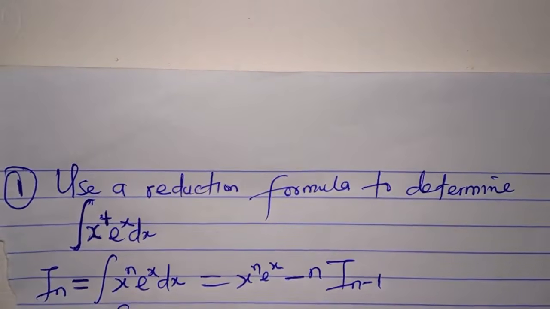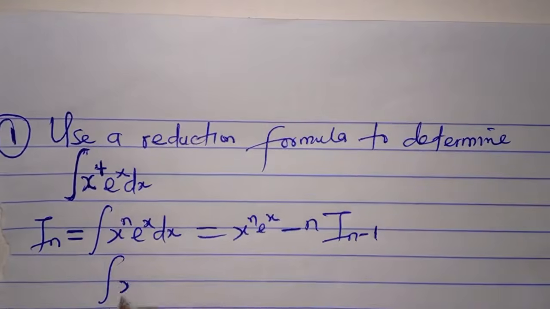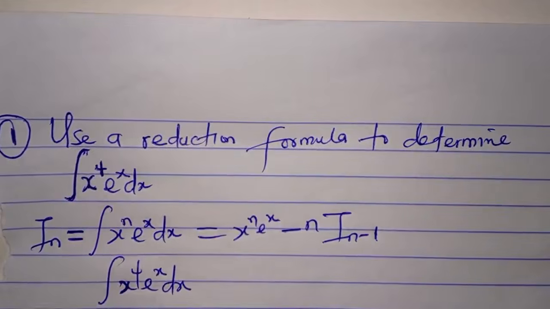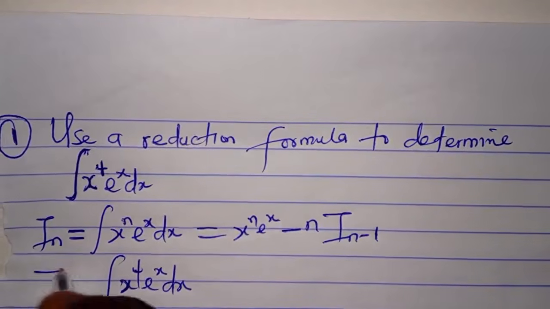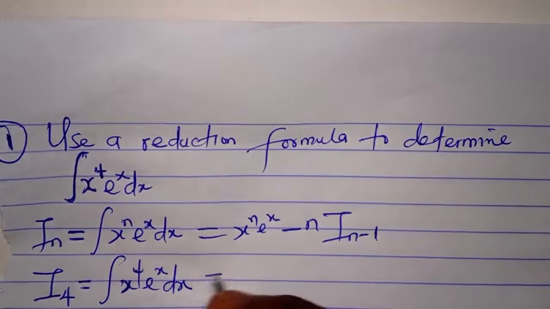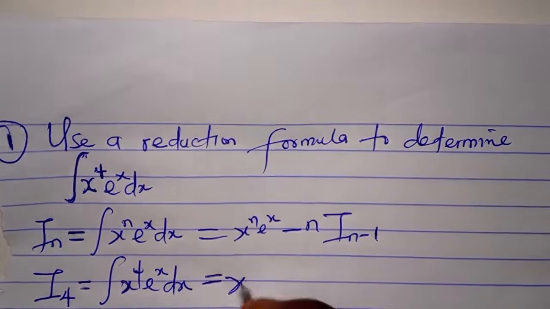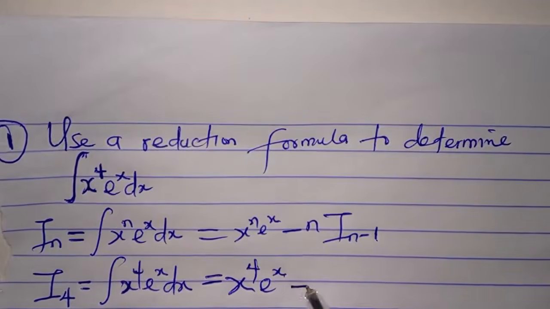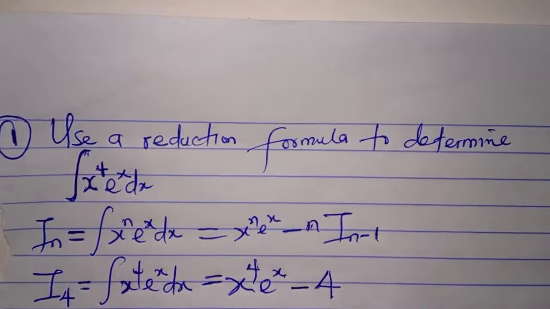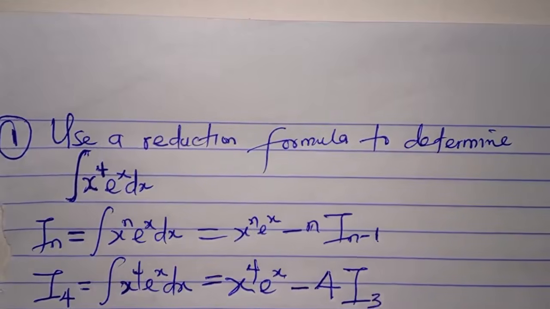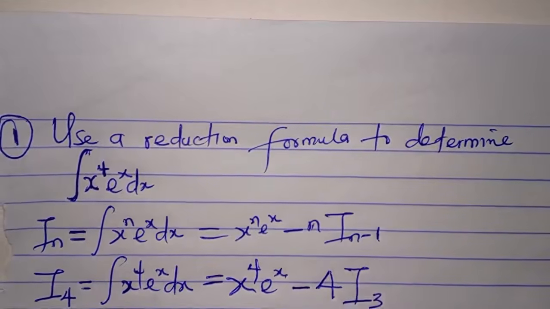The integral of x to the power of 4 e to the power of x dx. In this case now, n is equal to 4, so we can say I4. So we say this is x to the power of 4 e to the power of x minus 4 into I, 4 minus 1 is 3. The question is, what is I3?